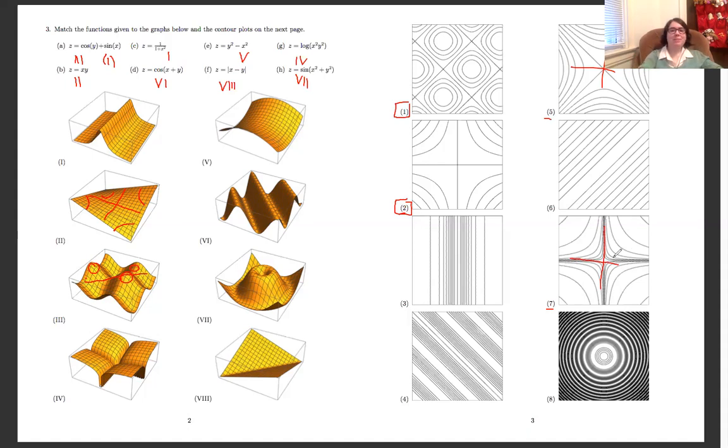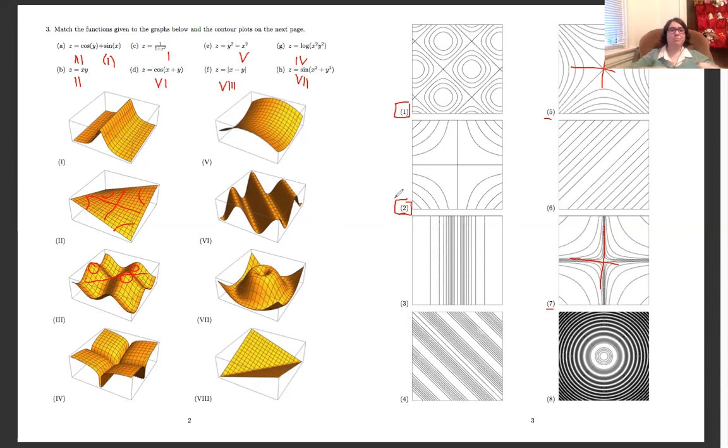Plus, I've definitely ruled out 5 because it doesn't have this plus shaped contour. What I like about 2 better than 7 is that the contours are nicely spaced.